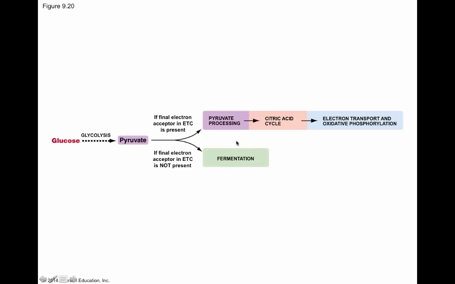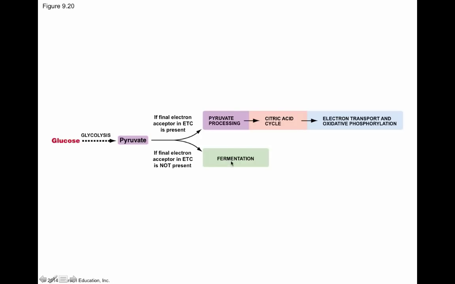Fermentation is going to be a lot less efficient as far as ATP production goes, because you're only going to generate 2 ATP per glucose, not the 29 that you would get here. So you're going to do 2 ATP per glucose. So not very beneficial as far as ATP numbers go.